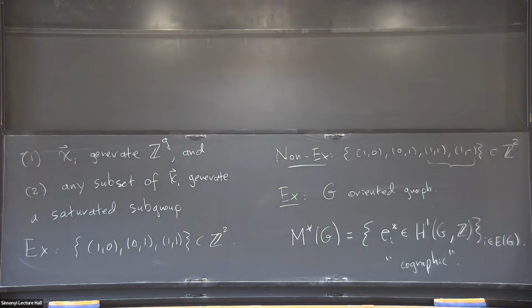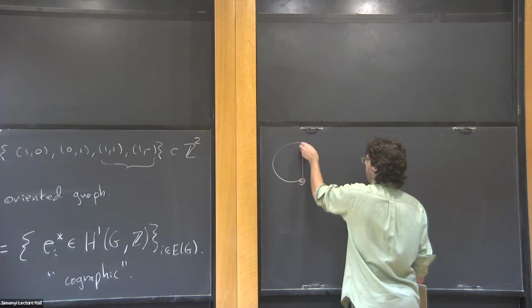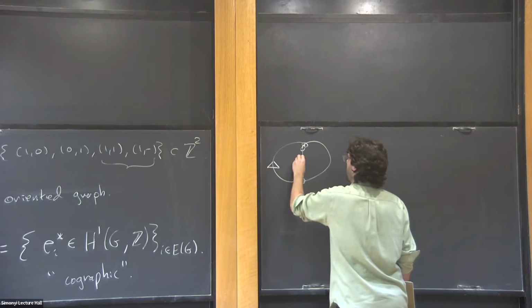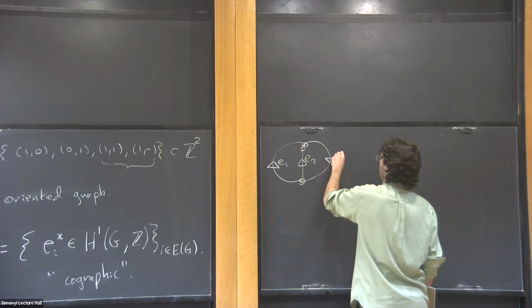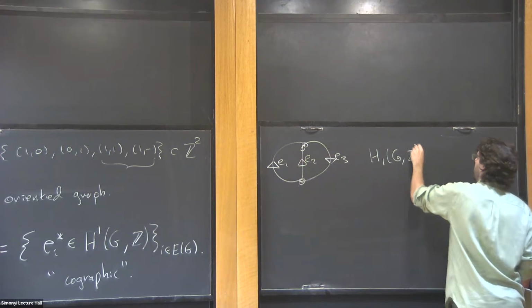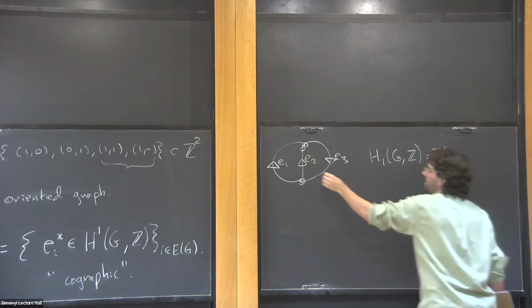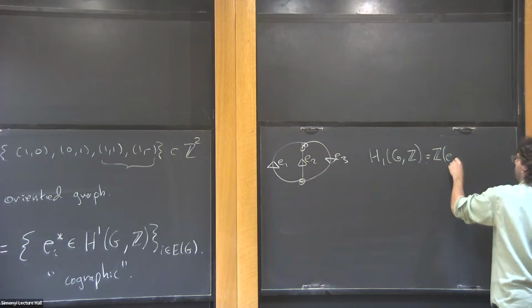And let's do an example. So if we take this theta graph and we orient the edges like so, E1, E2, E3, then the first homology of this graph is generated by this loop, E1 plus E3, and E2 plus E3.